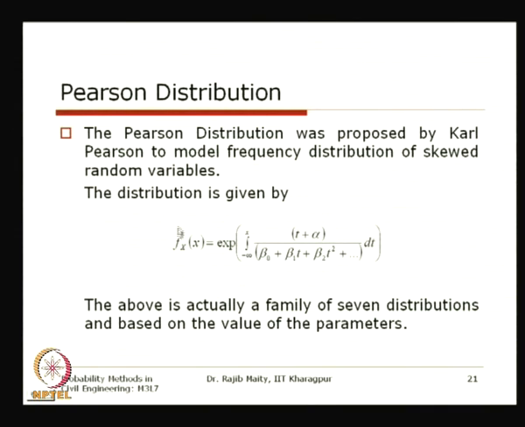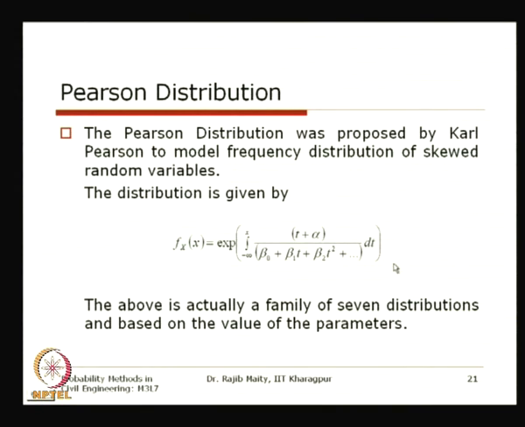Now, just by controlling its parameters, 7 different types of distribution can be obtained from this Pearson distribution. In civil engineering, particularly in hydrology as well as other fields, the important one is the Pearson type 3 distribution.